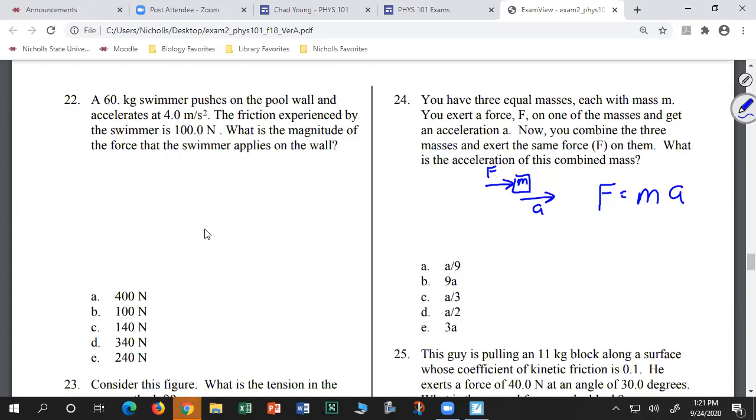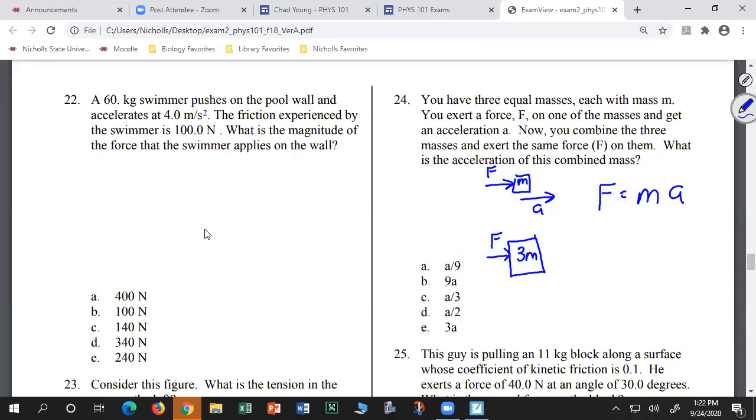So what happens if instead of just one of those masses, I actually exert the force on a bigger mass, which has a mass 3m? Same force, but what is my acceleration going to be? If I exert a force on a bigger mass, is the acceleration going to be bigger or smaller or the same? It's going to be smaller, right? It's like you kick, I don't know, a soccer ball and it goes pretty far, but then you kick a refrigerator and it doesn't accelerate hardly at all because its mass is just a lot bigger.